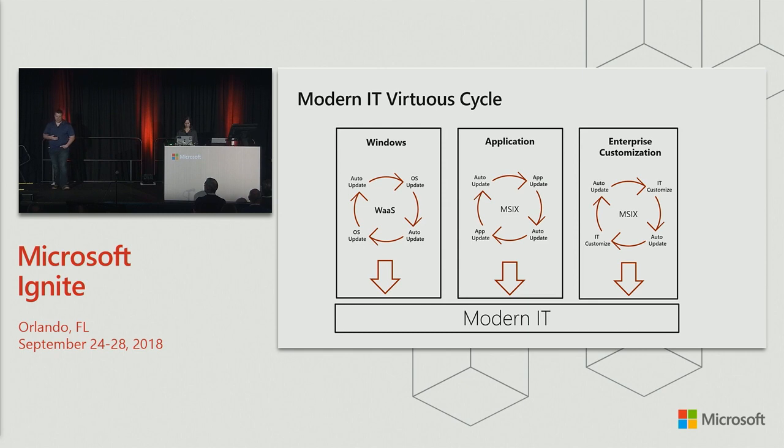Again, as we think about Windows, we want Windows to update via Windows Update, or if you control the updates. We want the apps and the developers to just push the apps, and you should feel good about just taking these app updates. And we want you to have the ability to customize the way you want and control that customization, and not have to get into this packaging paralysis and spend tons and tons of time with packaging.